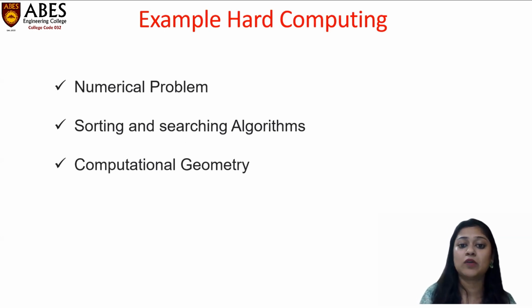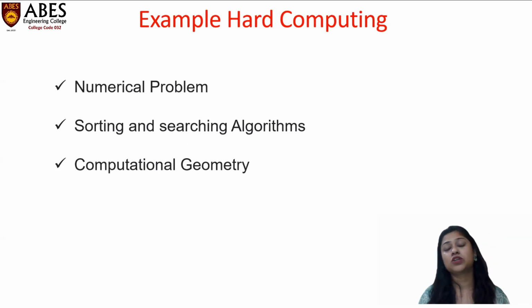These are all examples of hard computing. Computational geometry, where we have to find some linear equality, or where the starting point and ending point are, and we have to find the shortest path. These come under computational geometry. So these are the examples of hard computing.